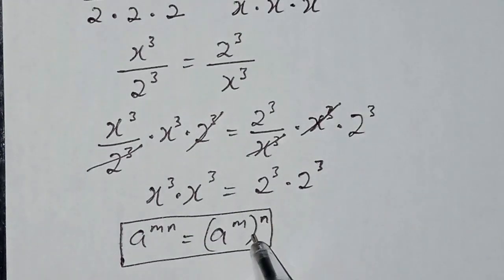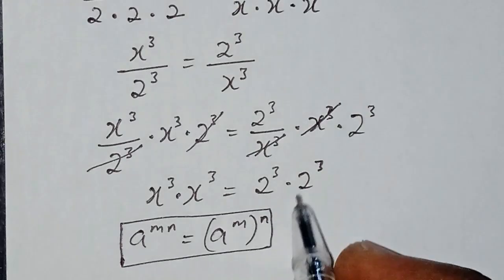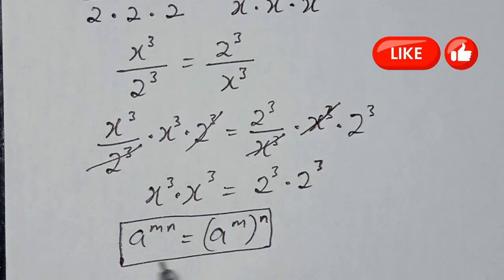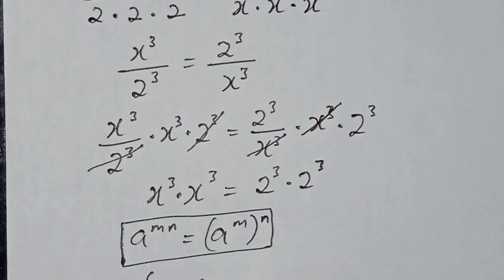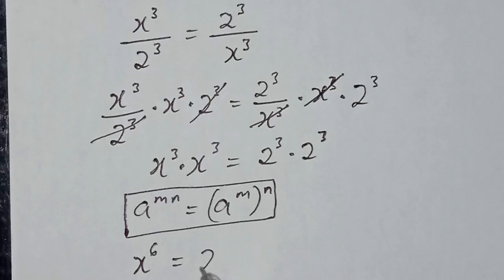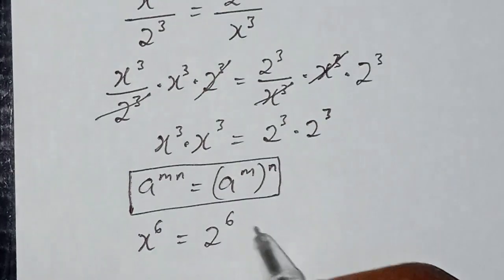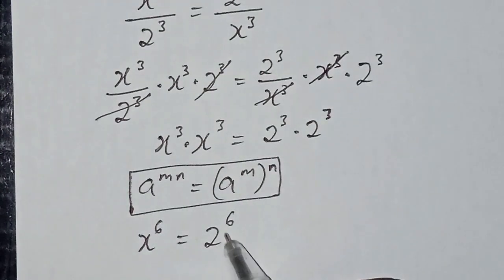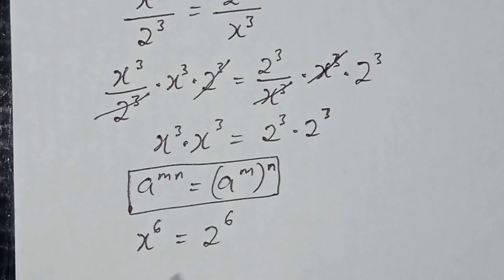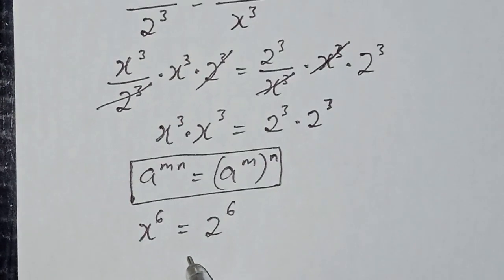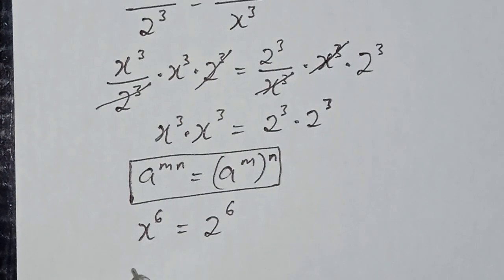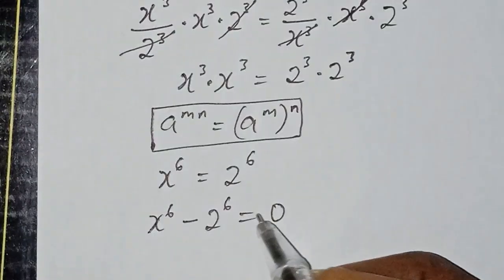If we do that, we can write this as x power 6 equal to 2 power 6. Now we move the right hand side to the left hand side so that everything is equal to 0. So we have x power 6 minus 2 power 6 equal to 0.